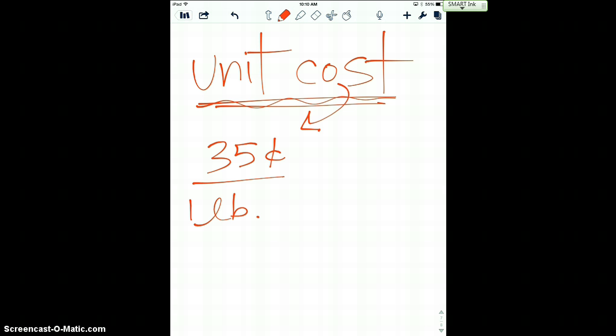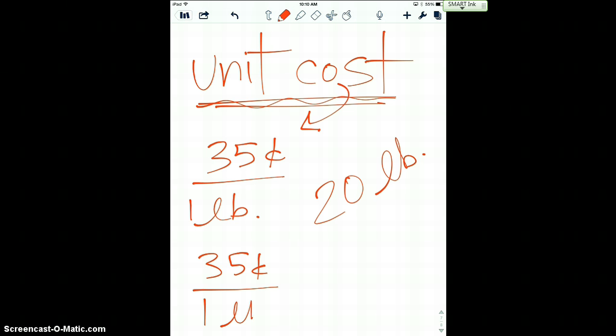And I want to know how much this is going to cost for a 20-pound bag, because I need a lot more than 1 pound for my dog. So I'm taking this unit cost, 35 cents per 1 pound, and I don't want it as a unit anymore. I want to convert this pounds into 20 pounds.